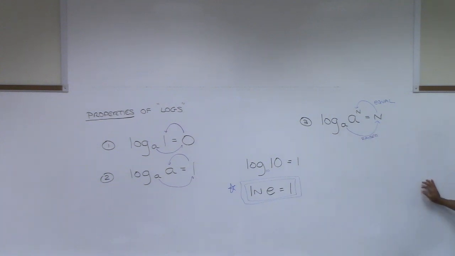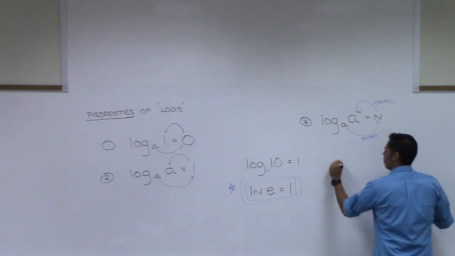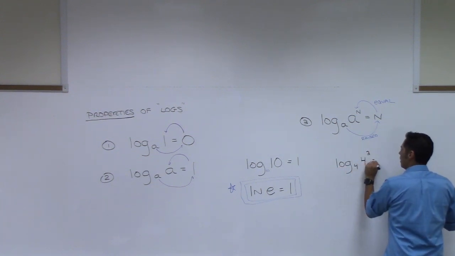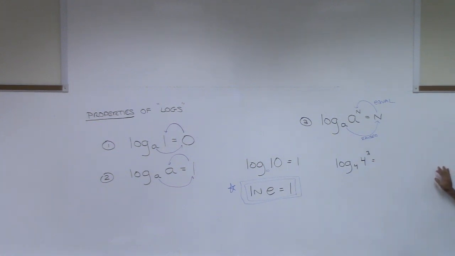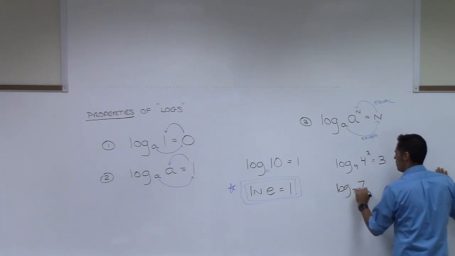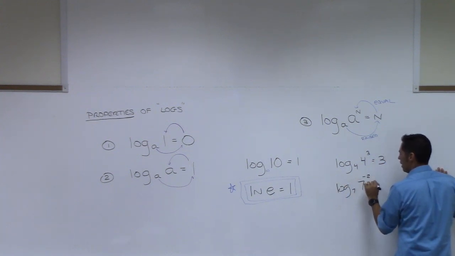So let me show you this property with a couple of examples. What would log base 4 of 4 cubed be? 3. Right? What would log base 7 of 7 to the negative 2 be?